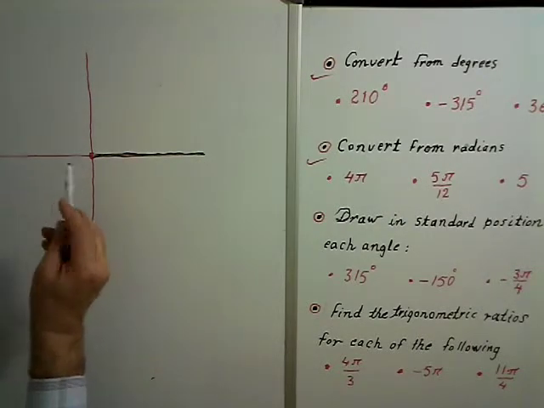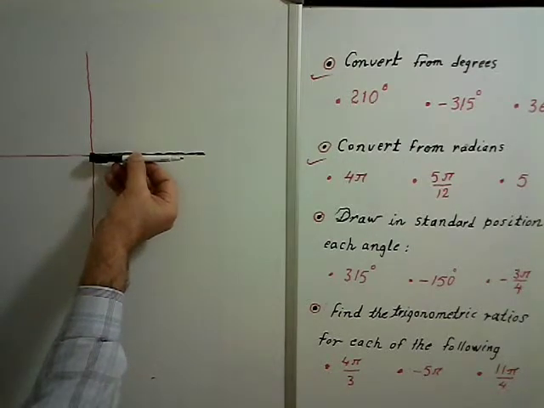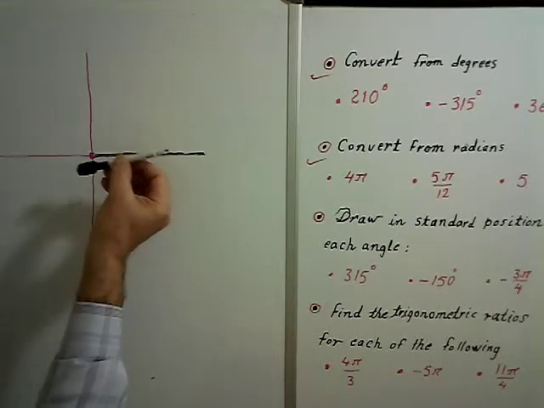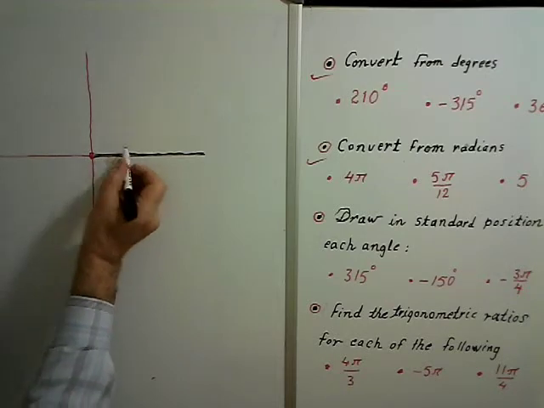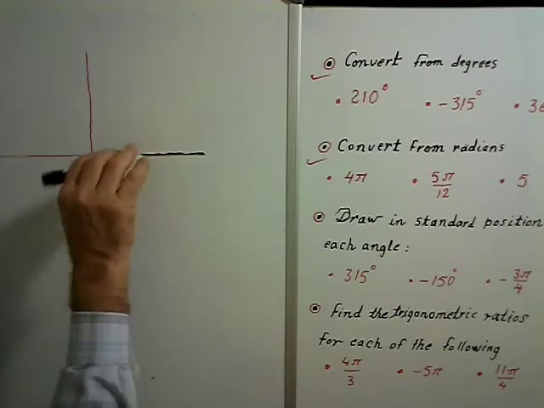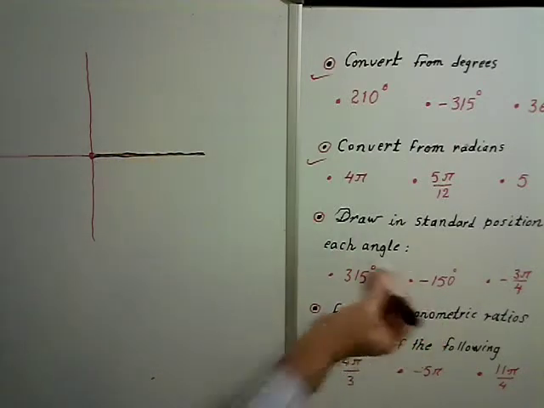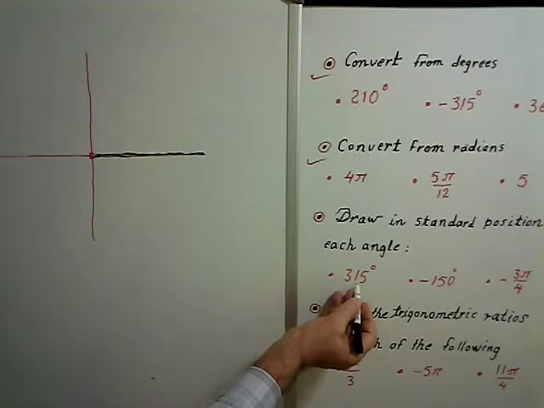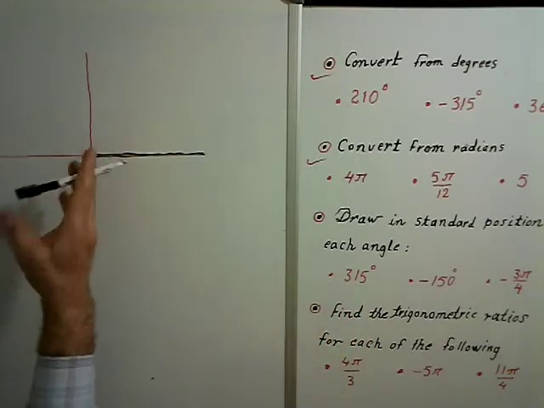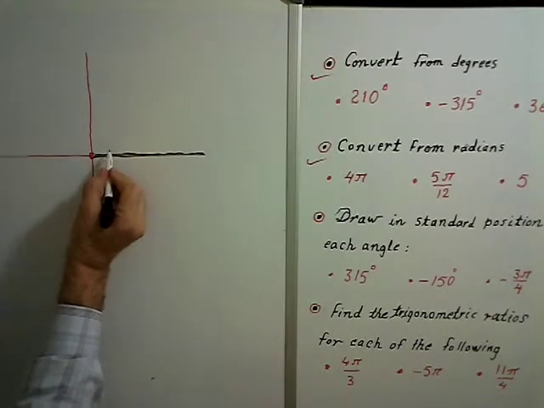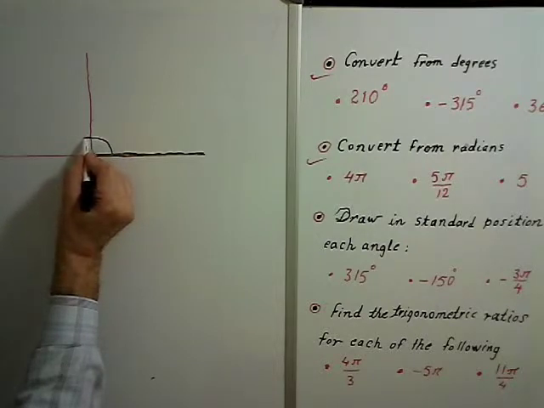After that you start to move the terminal side in the positive direction, anti-clockwise, or in the direction of clockwise if it is negative. Here it's a positive angle, so we will move from the initial side in this direction, anti-clockwise.